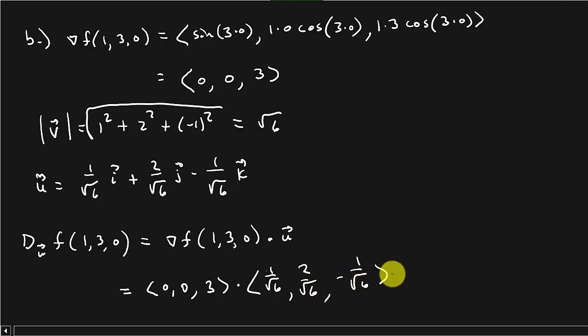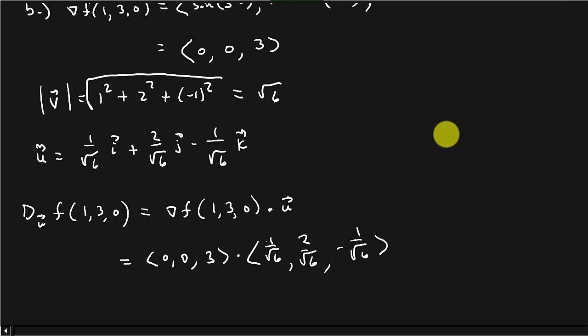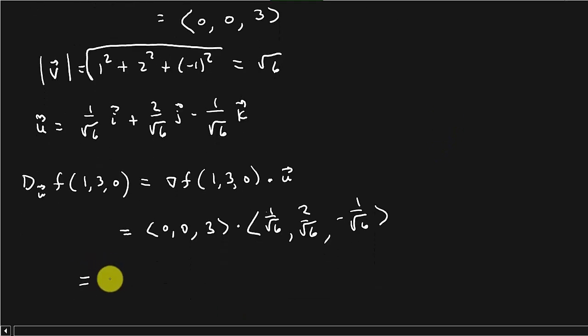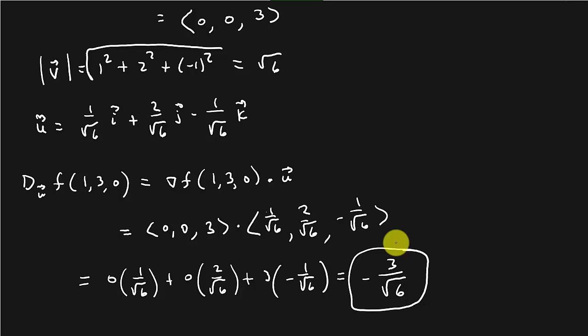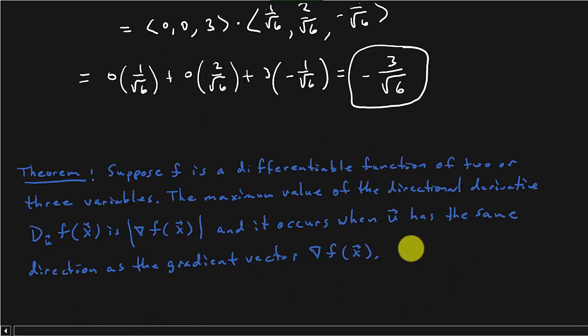Doesn't matter which form you write it in. You can write it in the ijk form, or you can write it like this. It doesn't matter. Okay, and so this is going to give us 0 times 1 over square root of 6 plus 0 times 2 over square root of 6 plus 3 times negative 1 over square root of 6, which is negative 3 over square root of 6. And there's your answer. Okay, I mean, really, when you start working these things, it's really pretty easy. It's not bad at all.